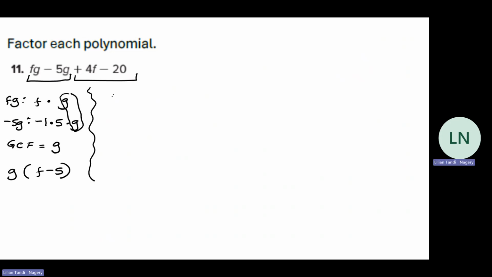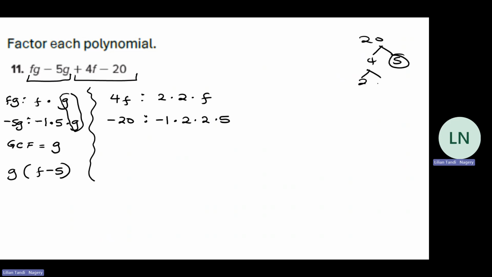Now I will do this one. 4f minus 20. This becomes 2 times 2 times f. This becomes negative 1 times 2 times 2 times 5. 20, break it down, 4 times 5. 5 is prime, 2 times 2. So that's how I got that. Then I have this and I have this.